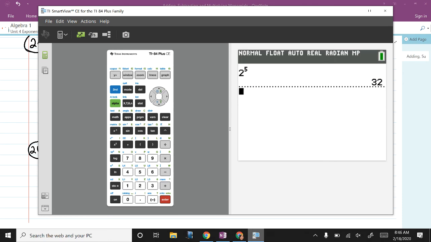Look at me doing my calculator. 216. Oh, I did not do that. Clear that. Yeah, I know. 216 parentheses 1 divided by 9. Hit enter. 24. Yeah, parentheses 1 divided by 9. I did without saying that's what I was doing. Did y'all catch that? Caleb called it.